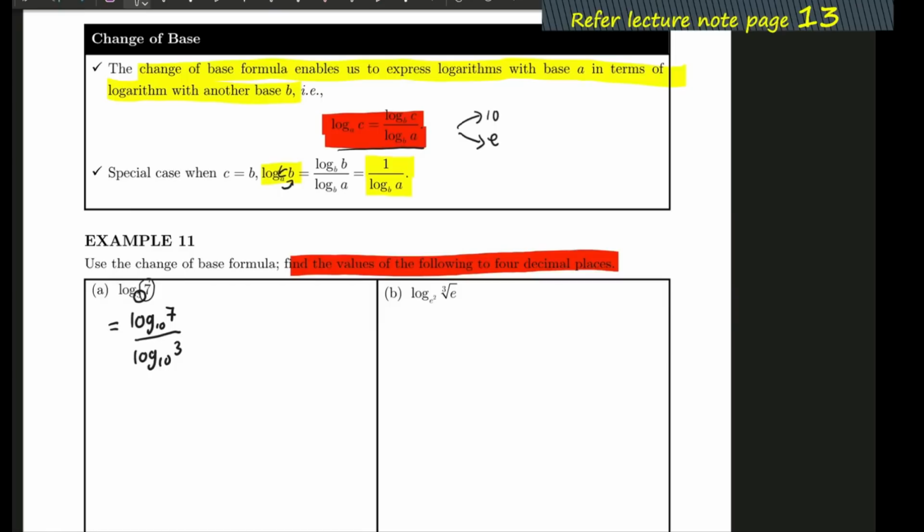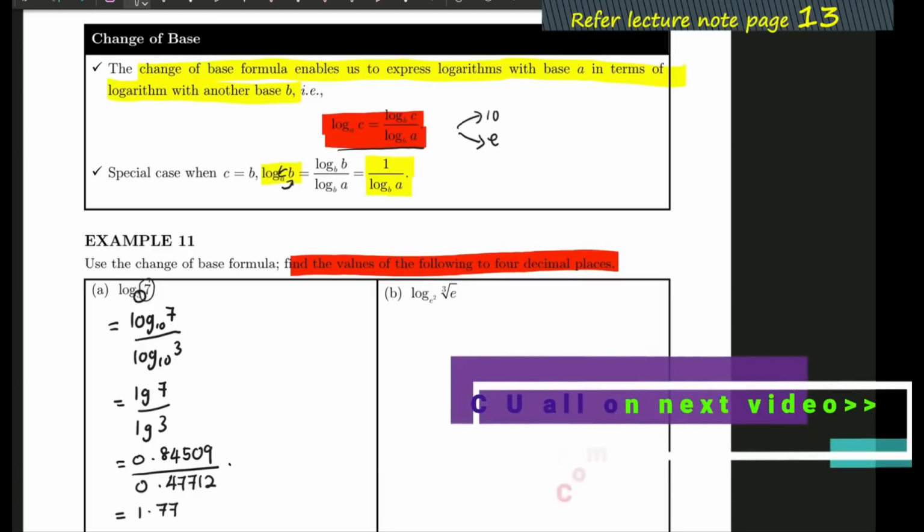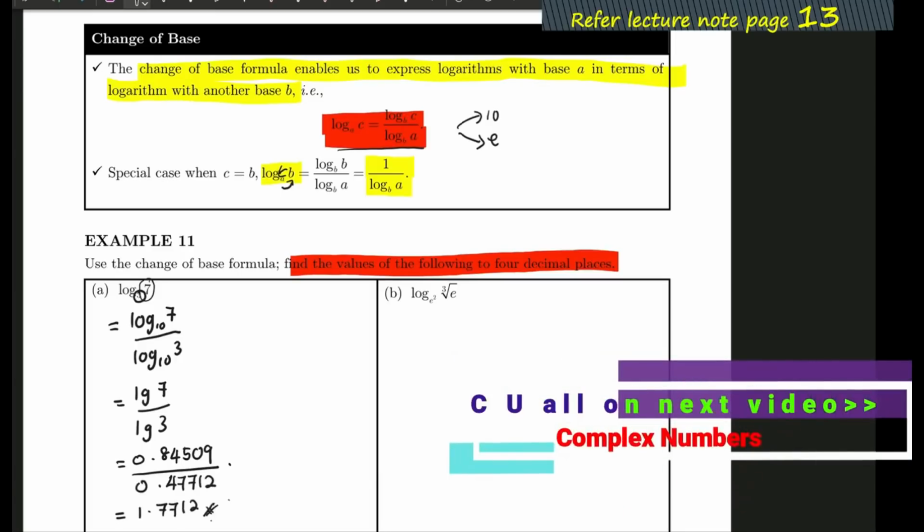Please don't get confused. By using a calculator, you will get 0.84509 over 0.47712, and it will give you a value of 1.7712. That's the final answer.